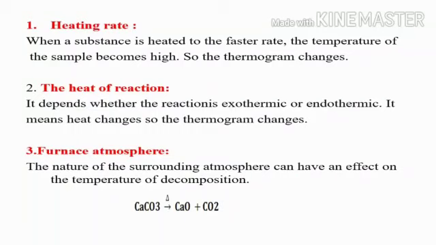Calcium carbonate undergoes decomposition at high temperature to calcium oxide and carbon dioxide. As the carbon dioxide is on the right hand side, the reverse reaction takes place. So the nature of the thermogram changes. It means whenever the furnace atmosphere is enriched with one of the products of the reaction, the decomposition temperature changes and so the nature of the thermogram changes.